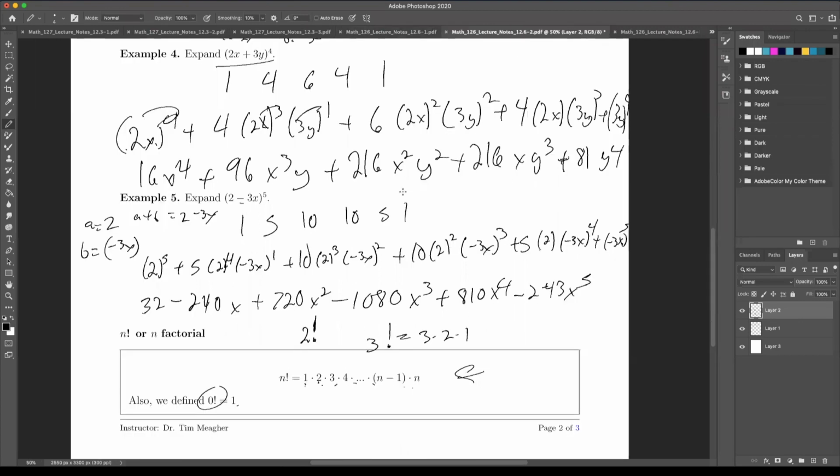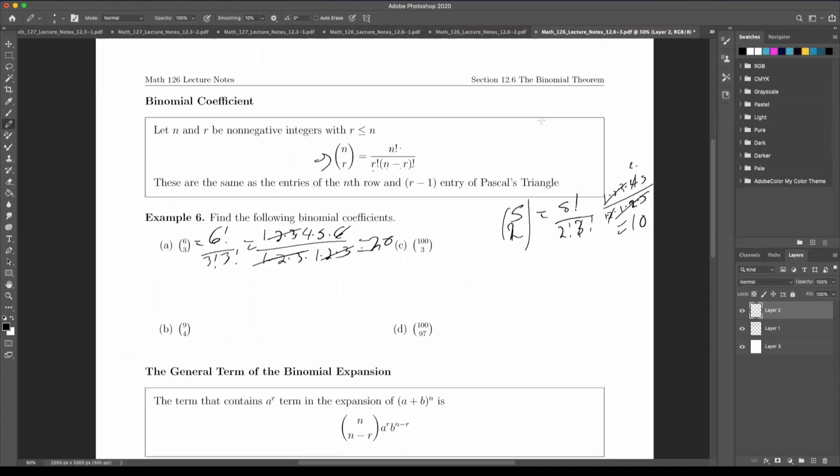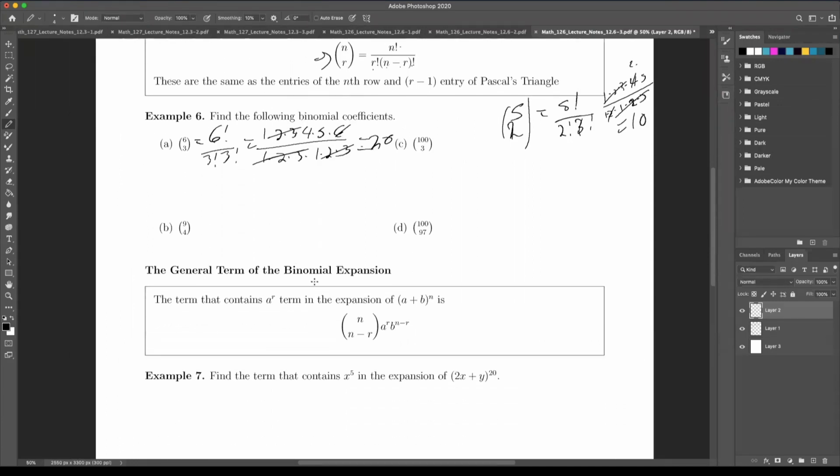Let's crunch through one more real quick, and then I'll explain how to do these really large ones. Here we have 9 factorial over 4 factorial and 5 factorial.